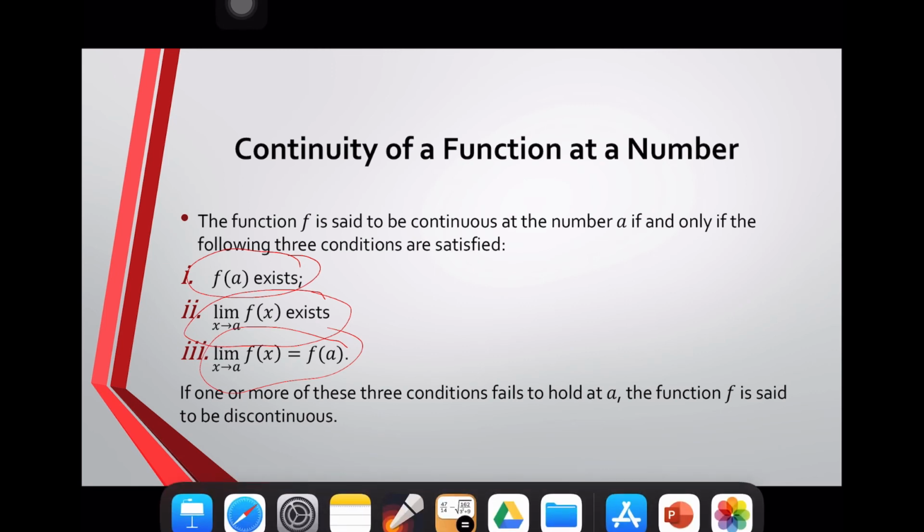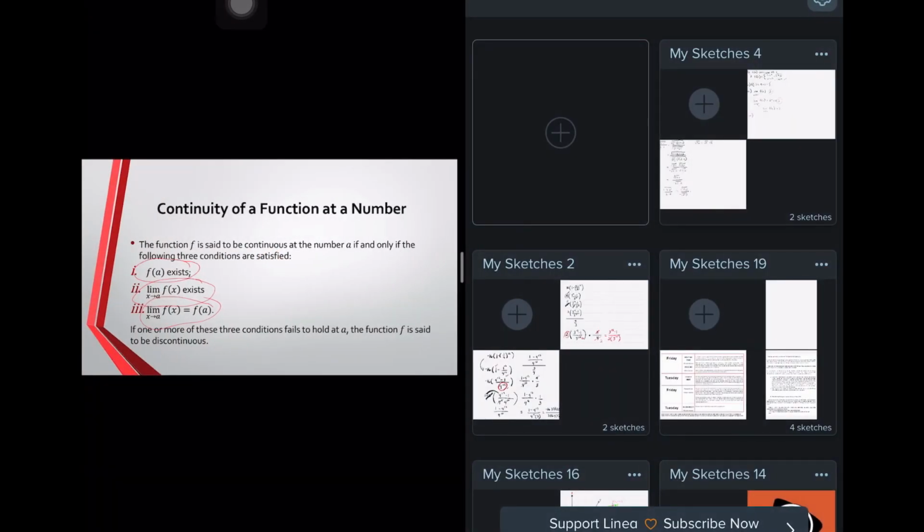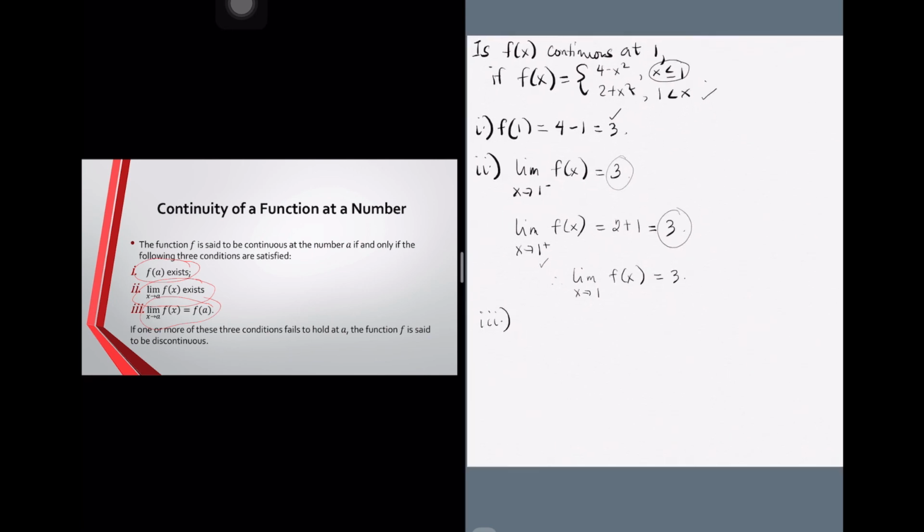So in this case, our answer to the first condition is 3. So f of a is equal to 3, and that is definitely equal to the limit of f of x as x approaches 1. So what's our final conclusion this time? Therefore, f of x is definitely continuous at 1. There you go.